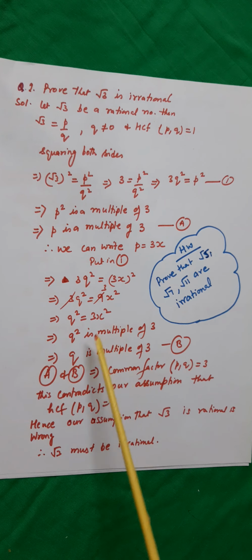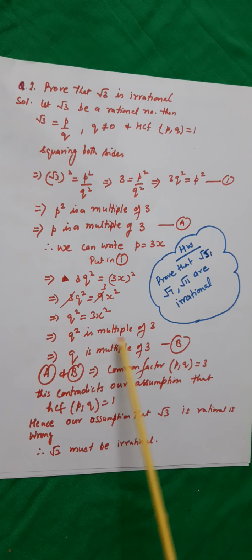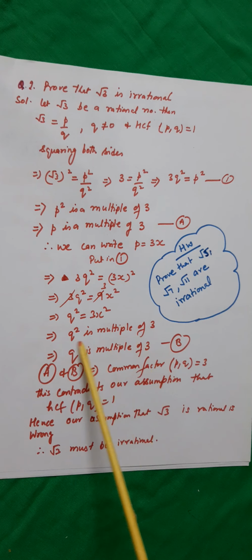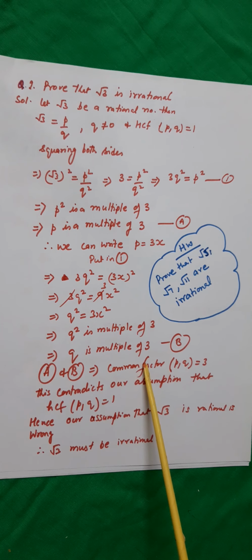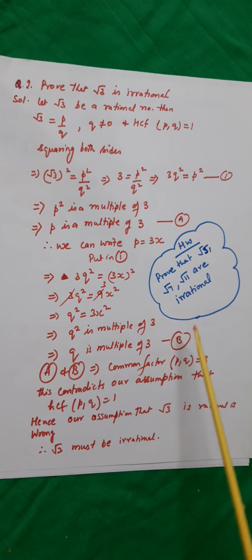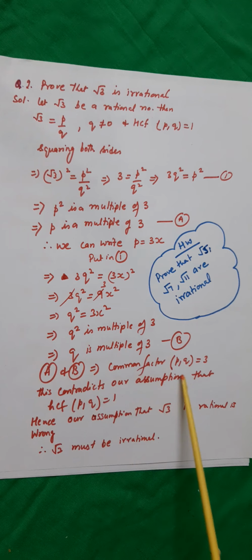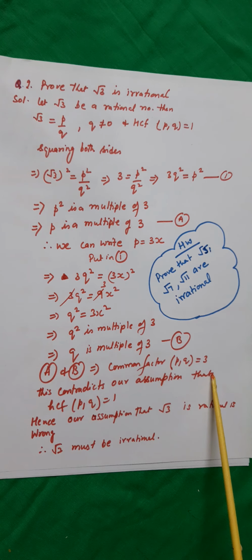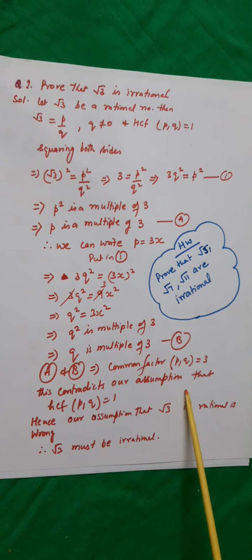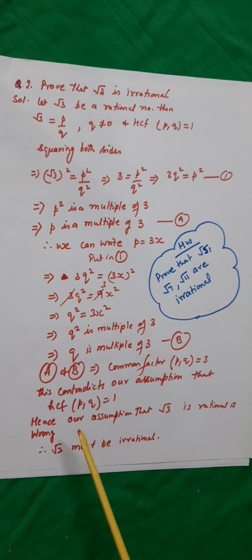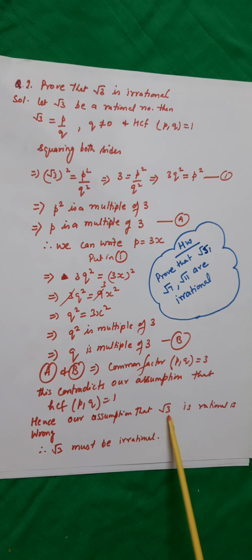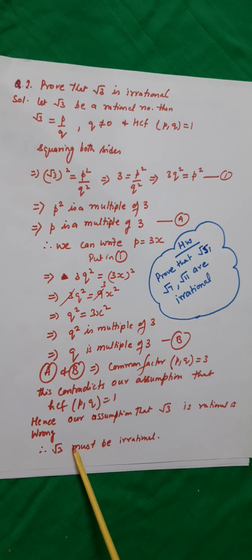Now, this implies that q square is a multiple of 3. If q square is a multiple of 3, then q is also a multiple of 3. Let's call it b. Now, a and b imply that common factor of p and q is 3. This contradicts our assumption that highest common factor of p and q is 1. Hence, our assumption that root 3 is a rational number is wrong.